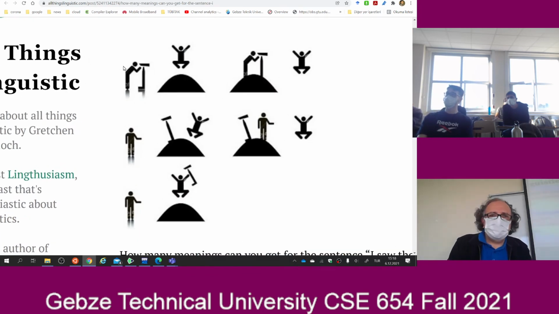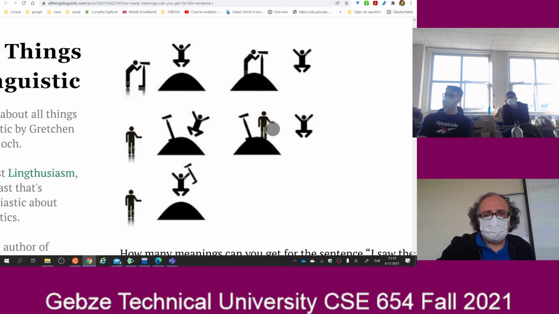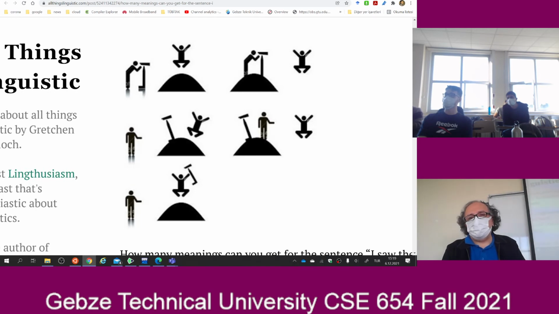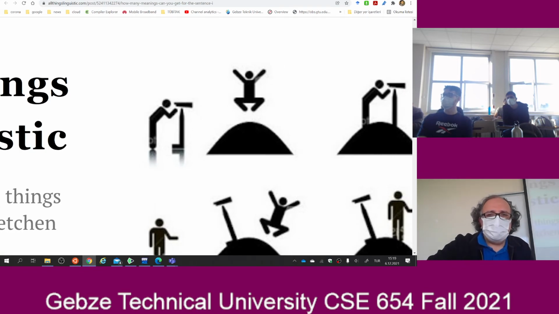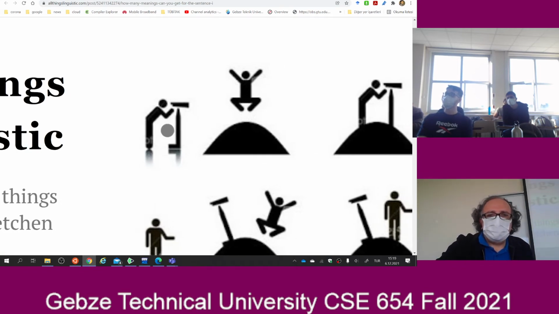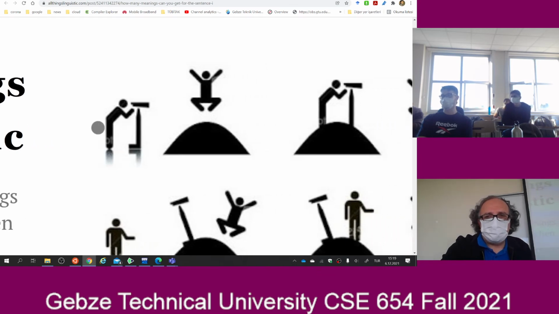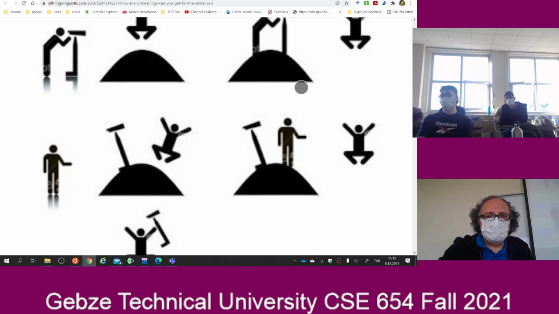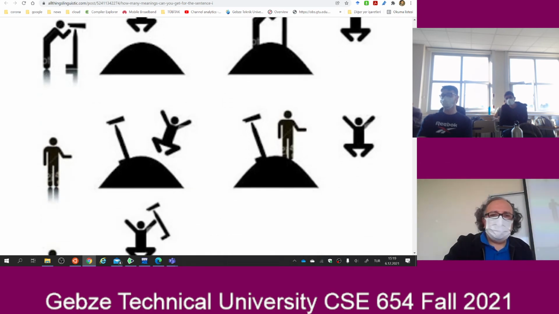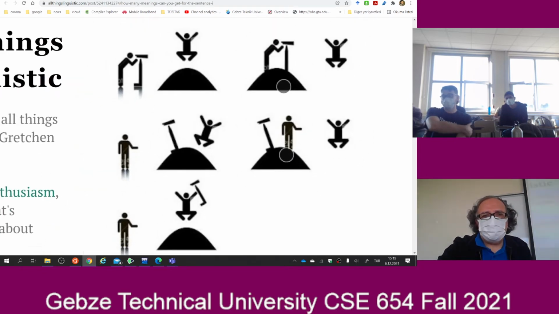It has 1, 2, 3, 4, 5 different parse trees. This might be the case: I see a man on a hill. The man is on the hill. I am with a telescope. I am looking at him with a telescope. Or I am on a hill with a telescope and I am seeing a man. You understand this, right? 5 different meanings.